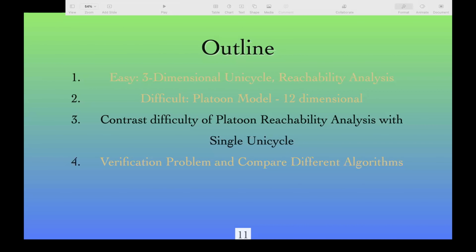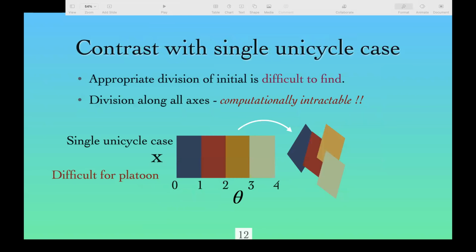Now, if you contrast the difficulty of reachability analysis for this platoon model with respect to the unicycle model, we cannot emulate the same approach that I had suggested for the single unicycle model in the case of the 12-dimensional model, because we cannot figure out how to efficiently divide the initial set.